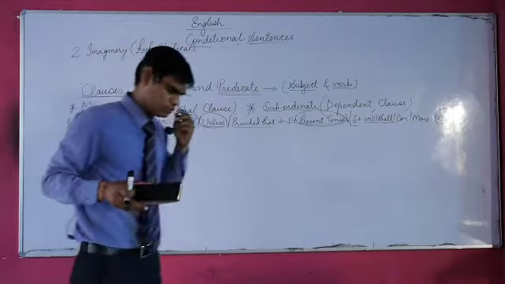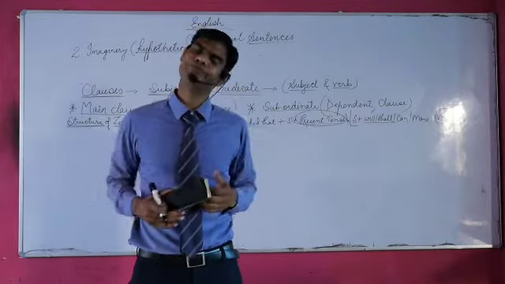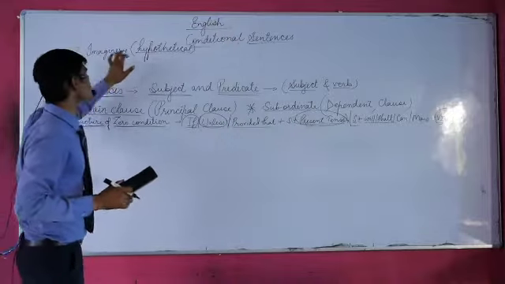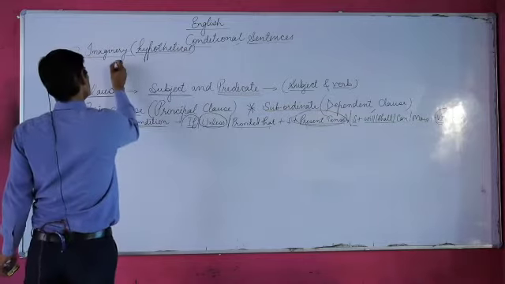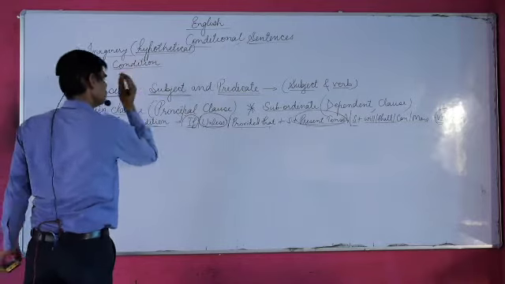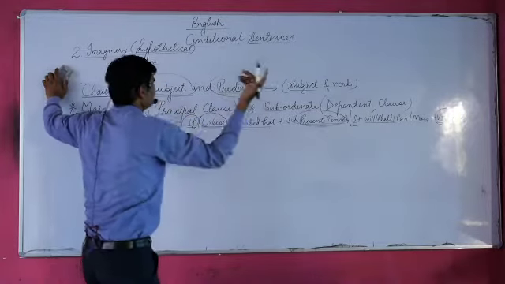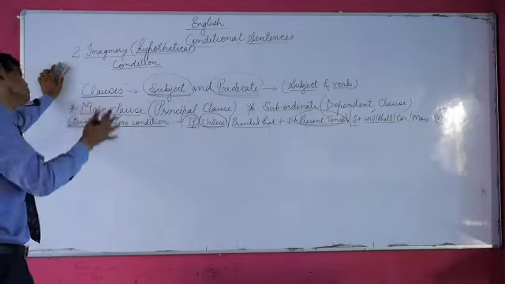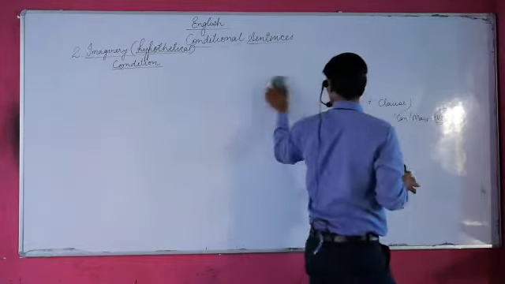It is called hypothetical, that we just show off and we imagine. So it is imaginary and hypothetical condition. And now here also we have subject, predicate, means subject and verb separate. We have two clauses, main clause and subordinate clause. We have the same thing. Now we will discuss the structure.